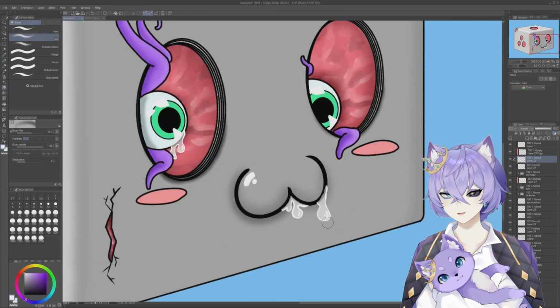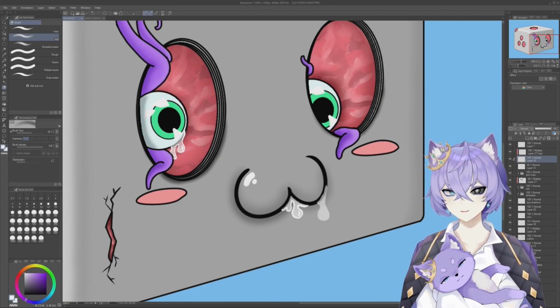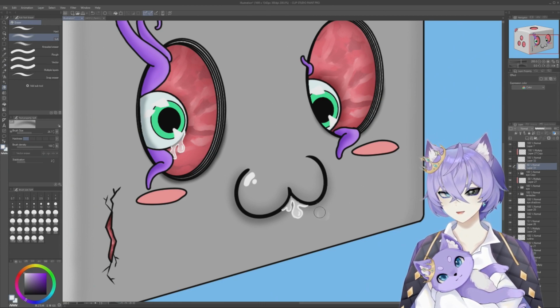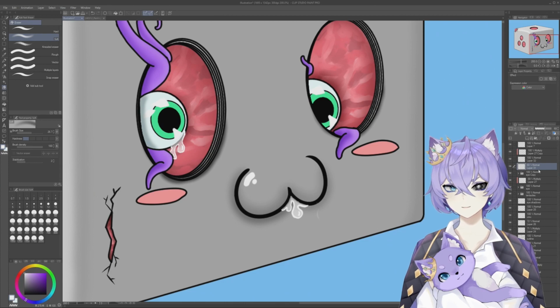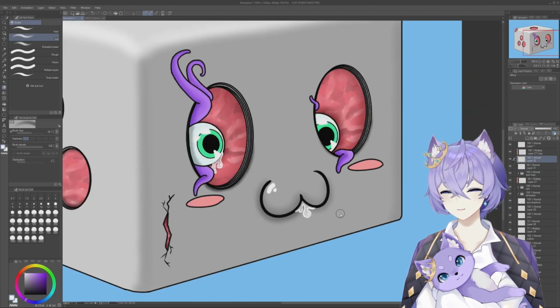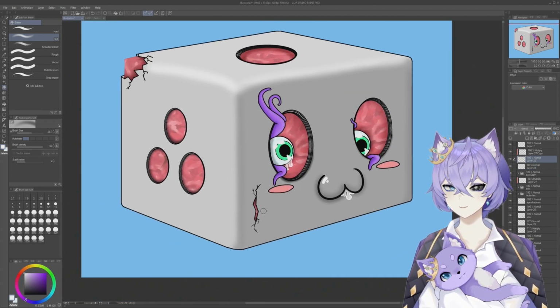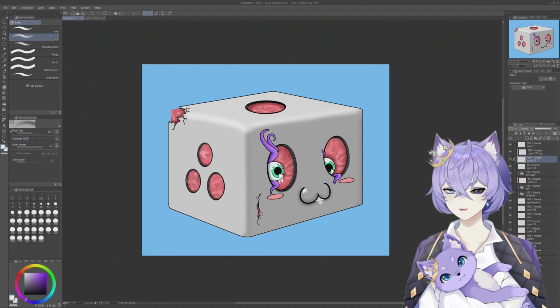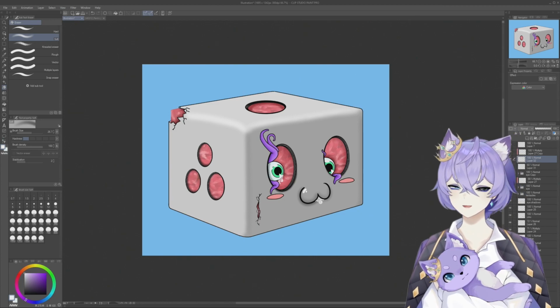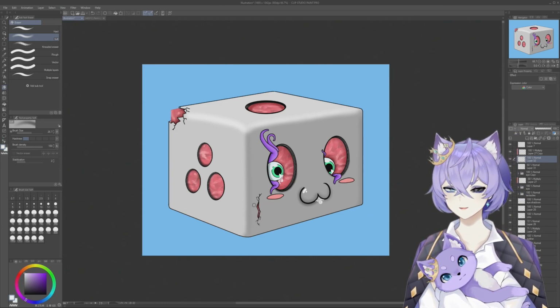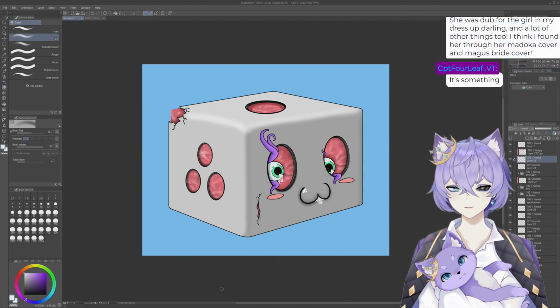I think the big one doesn't make any sense. It's a little too far away from everything else. You think this is too much? Think I should not push my luck? Hold on. It's something?